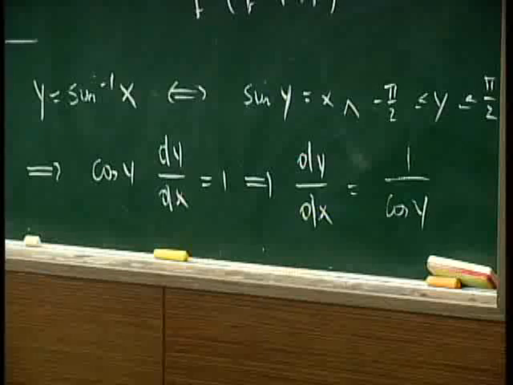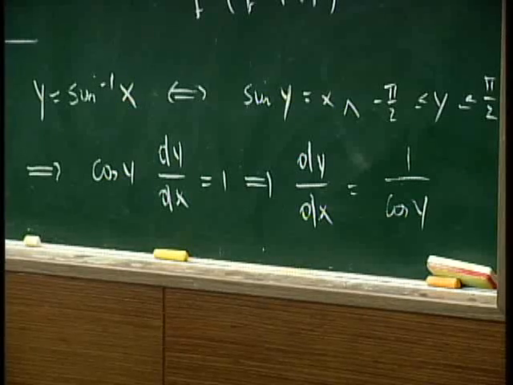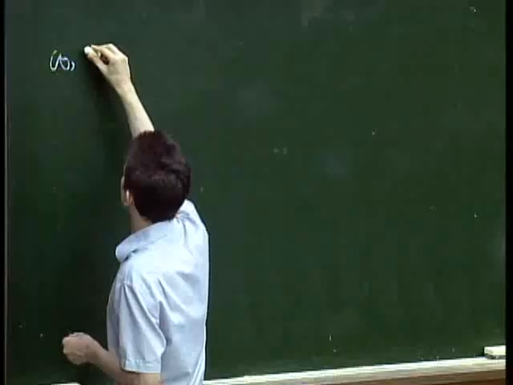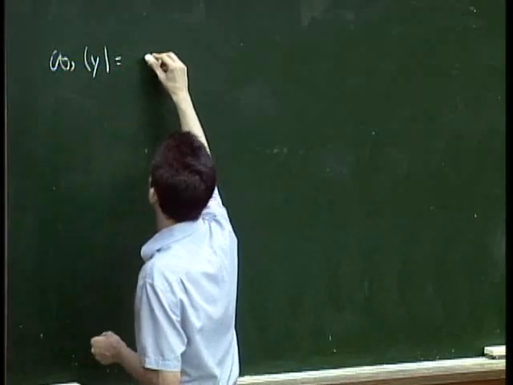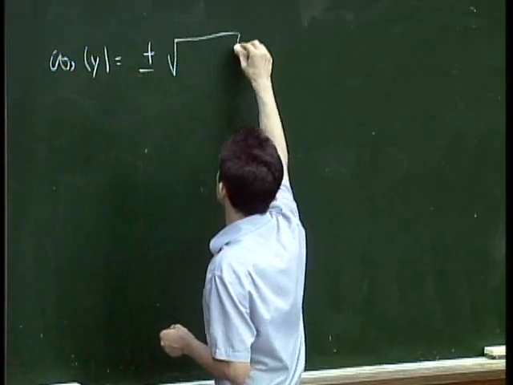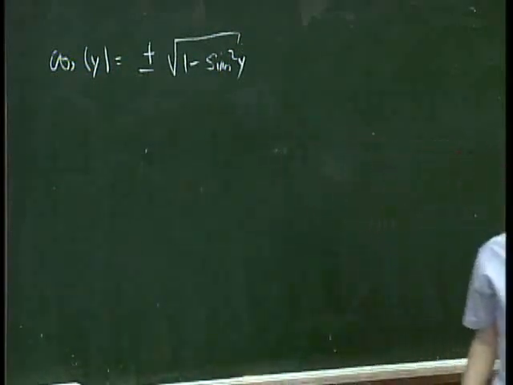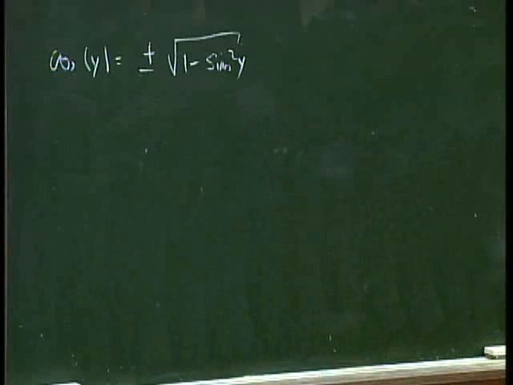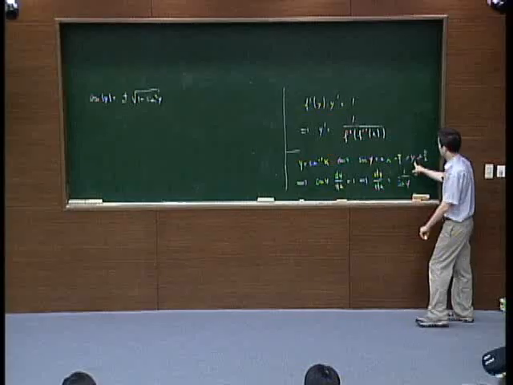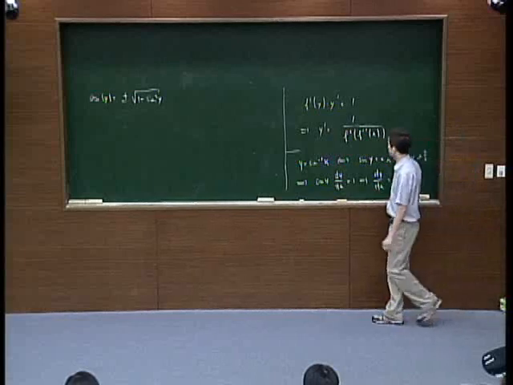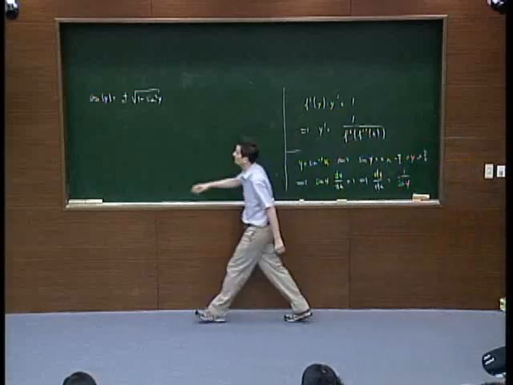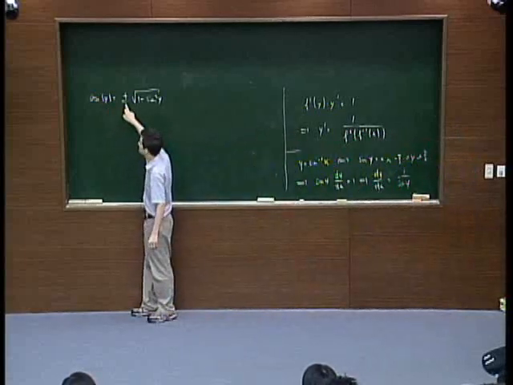Now, you know that the cosine of y is equal to plus or minus the square root of 1 minus the sine squared of y. Because y has this range, in this range the cosine of y is positive, so it's certainly not the minus solution.